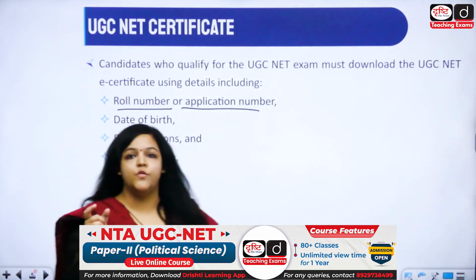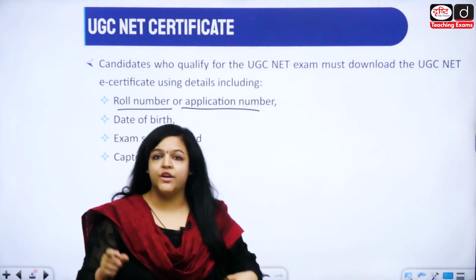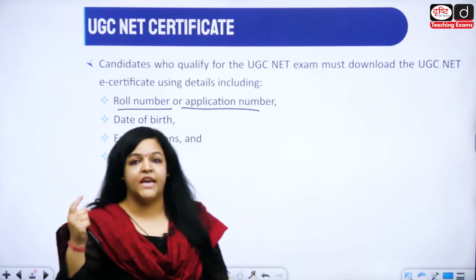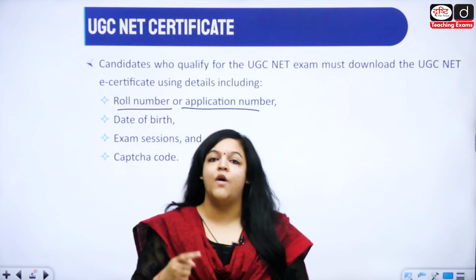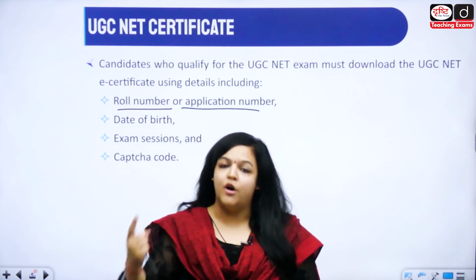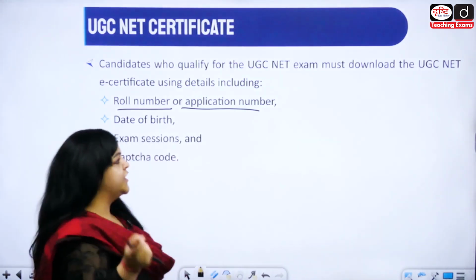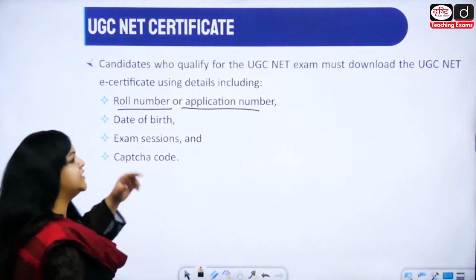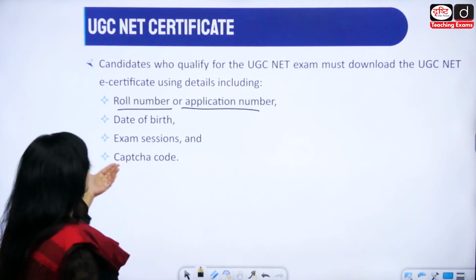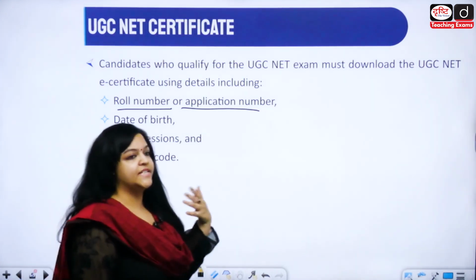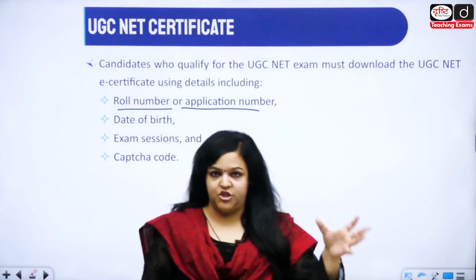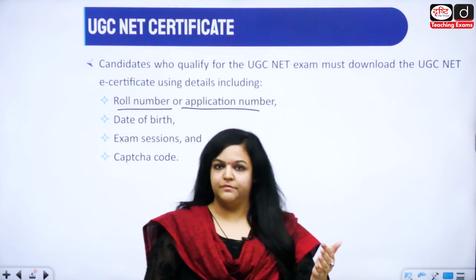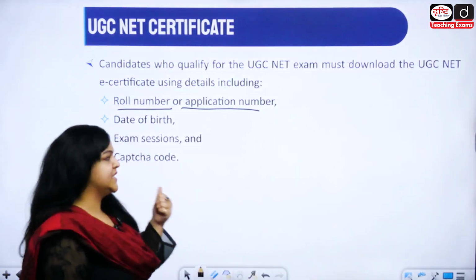The roll number which has been given to you during your UGC-NET exam, or the application number which was given to you while you were filling your form for the UGC-NET exam. You can use either. Then you have to use your date of birth which you have filled. Then you can use the exam session. Now, exam session here means in what session? First shift or second shift? When have you given your exam? So you have to enter that as well.